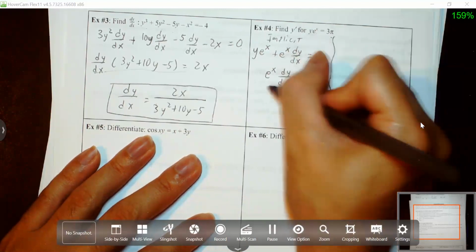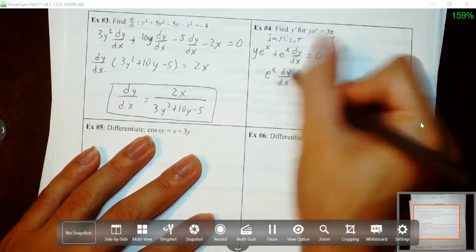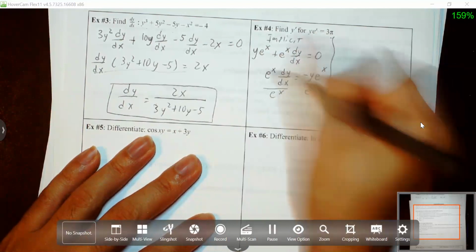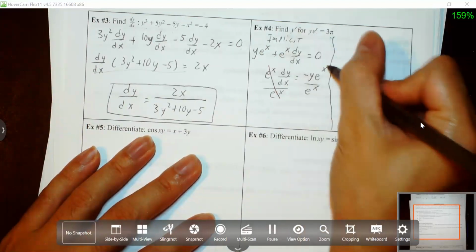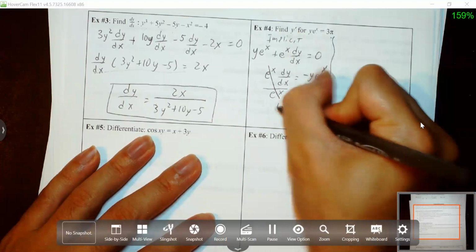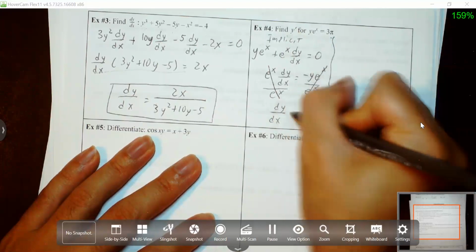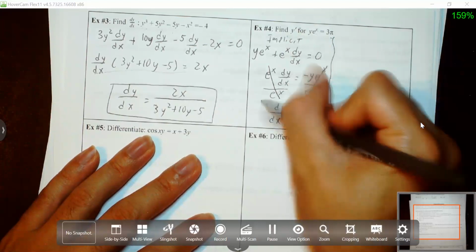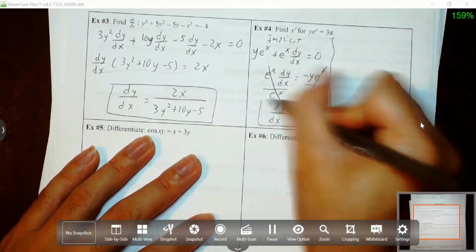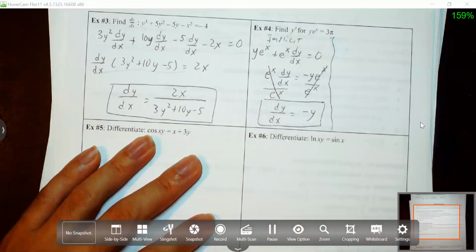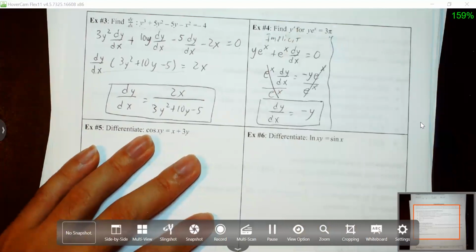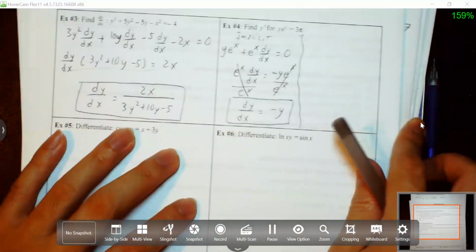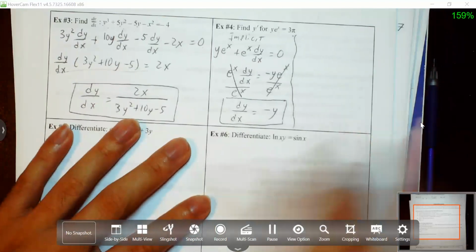I need to get dy dx by itself, so if I divide both sides by e to the x, that cancels here and that cancels here. So dy over dx is equal to negative y. Now, I'm going to show you that you could do this one without implicit differentiation, and you get the same answer.